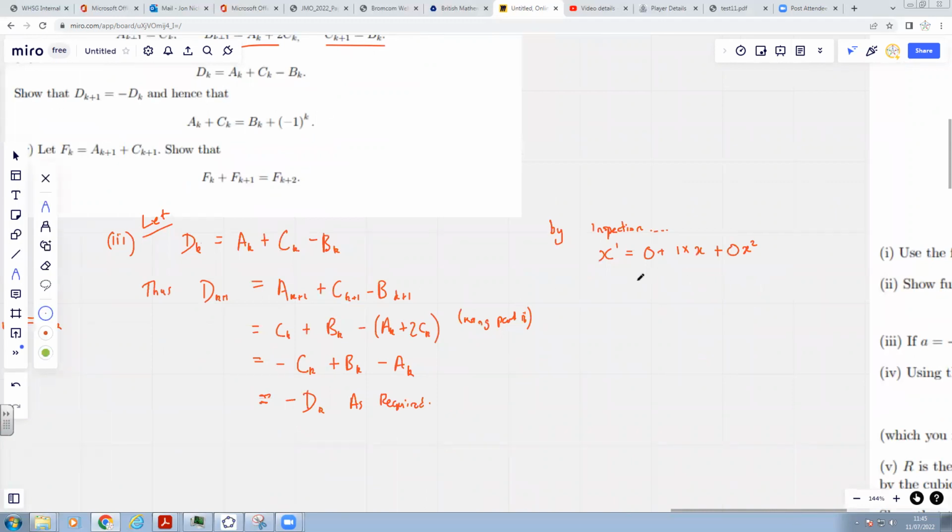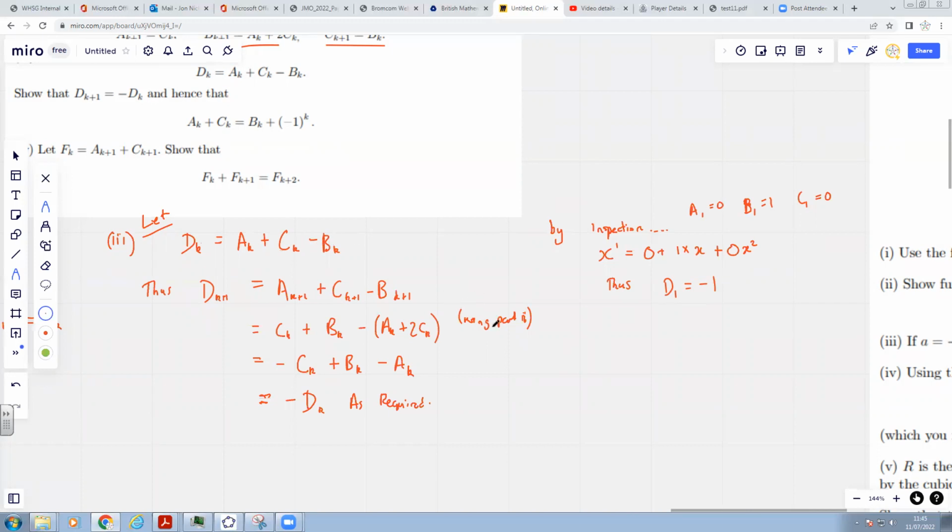So thus d1, because we've got a1 is 0 here, b1 is 1, and c1 is 0. Oh, I put the 1 in the wrong place there, I need it as a subscript. That's d1 equals minus 1, because it's a1 plus c1 minus b1.